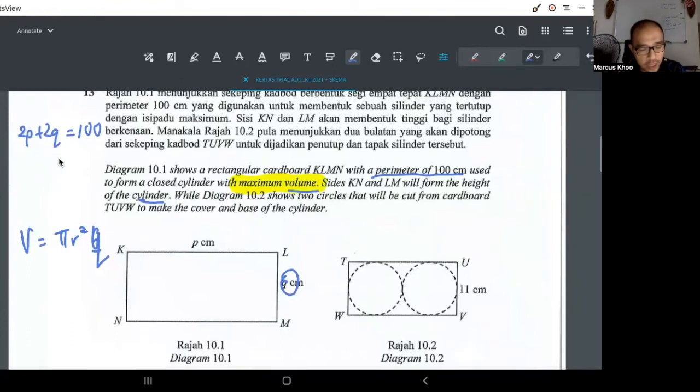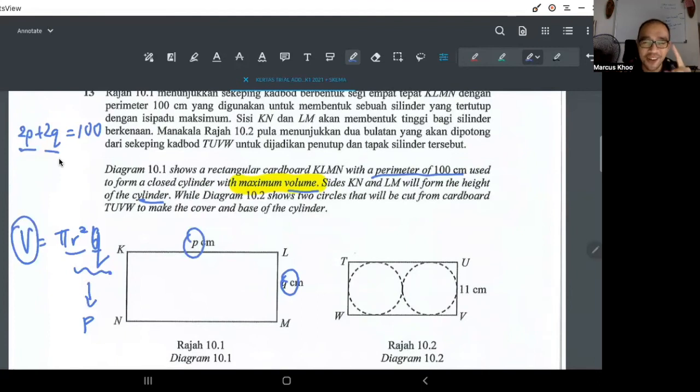But the problem is you're given 3 letters now, either P, Q or R. Which one do we want to use? We have to use the one that is related the most to the diagram, which is the letter P. So we want to have our V in terms of everything here changed to P.